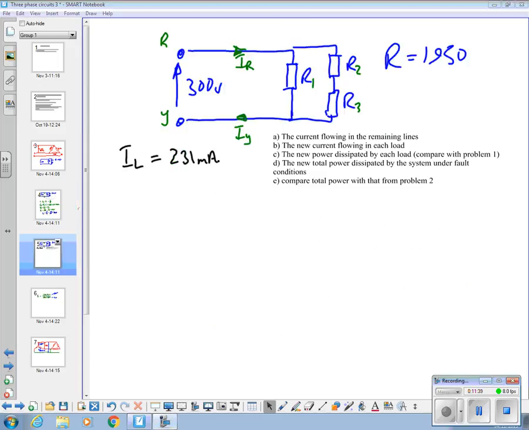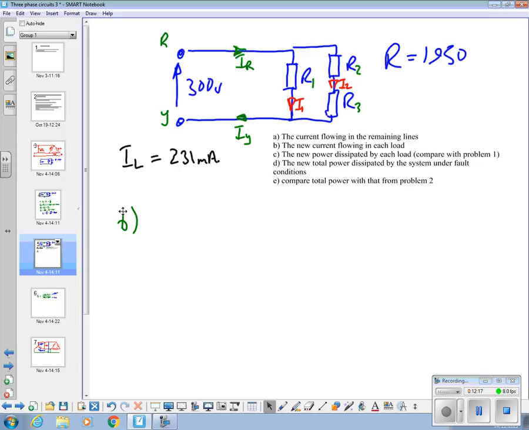Second part of the problem, B. New current flowing in each load. So, if we label these I1 and I2, yep, we can calculate them quite easily, can't we? The calculations in this problem are not particularly difficult. It's understanding that system and getting it in a format that you can actually see what the problem is.